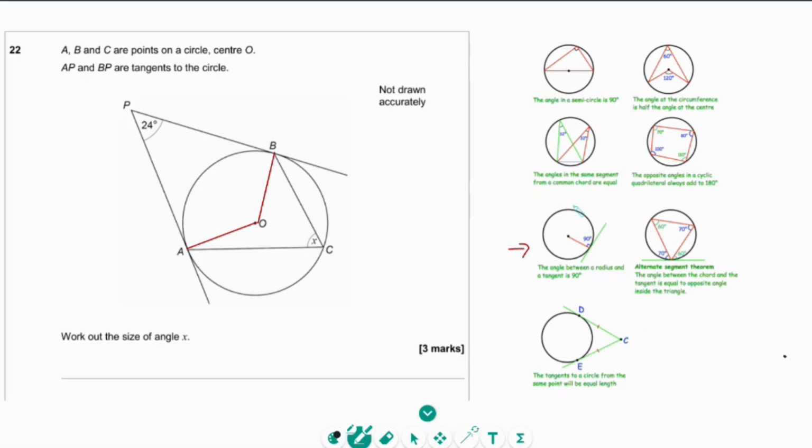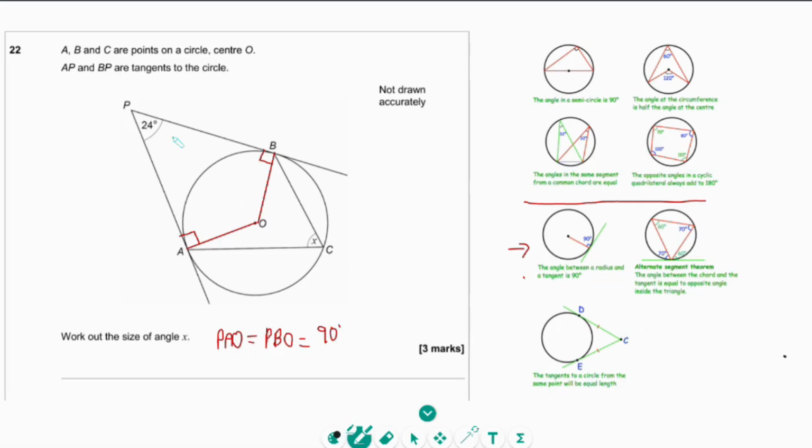You've got your 3 tangent theorems and your 4 other circle theorems without a tangent. Obviously we have tangents in this diagram. So I know an angle between a radius and tangent is 90 degrees. I know PAO is equal to PBO, which is equal to 90 degrees.